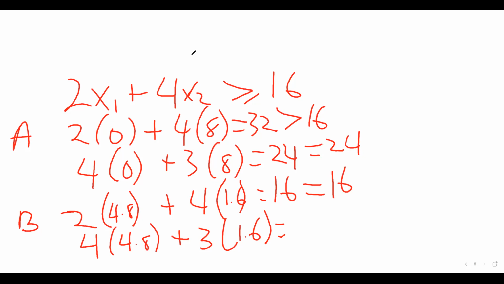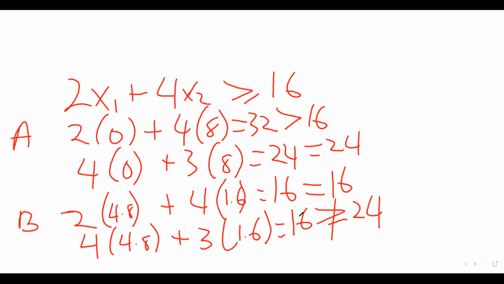The second one, okay, so the second one is 4.8 and so on. And that was 16. And the 16 is not greater than or equal to 24. You realize that?